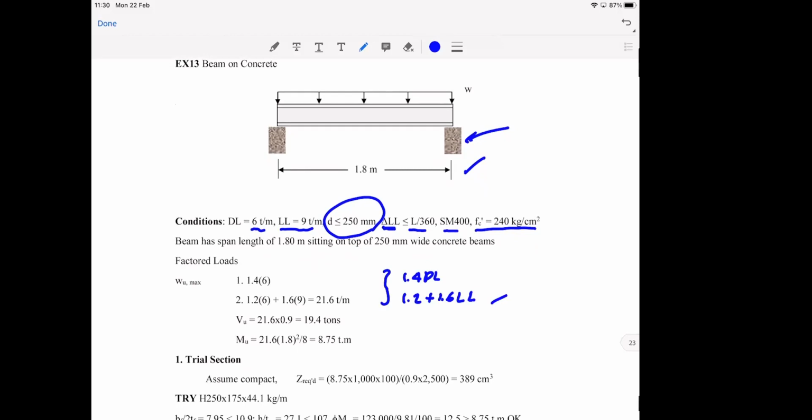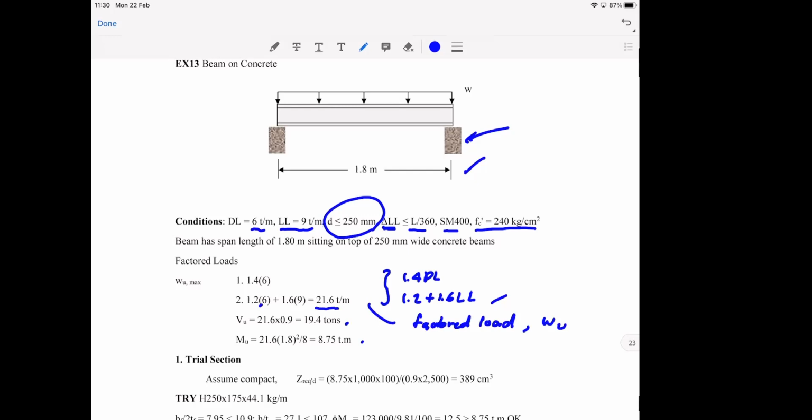And so after the calculation, I got 21.6 ton per meter. Remember, this is the factored load, or you can say Wu, okay? So without further ado, I can go on and calculate the shear and the bending moment. So that becomes a value that we will need to look at when we design.